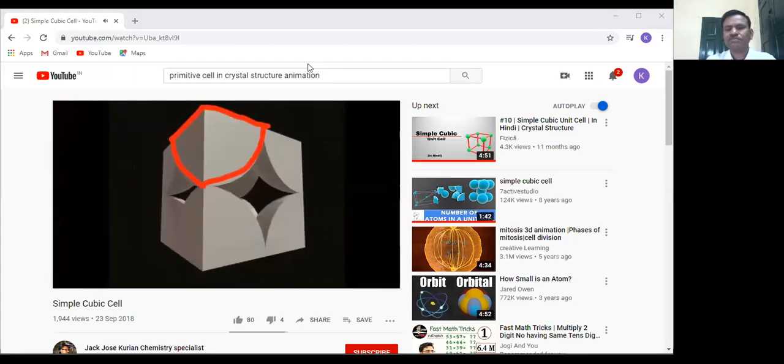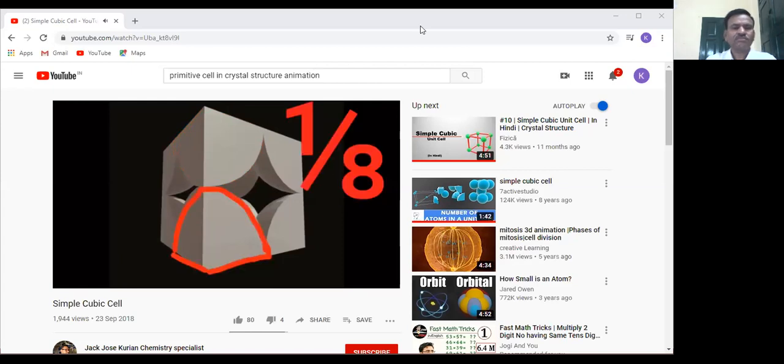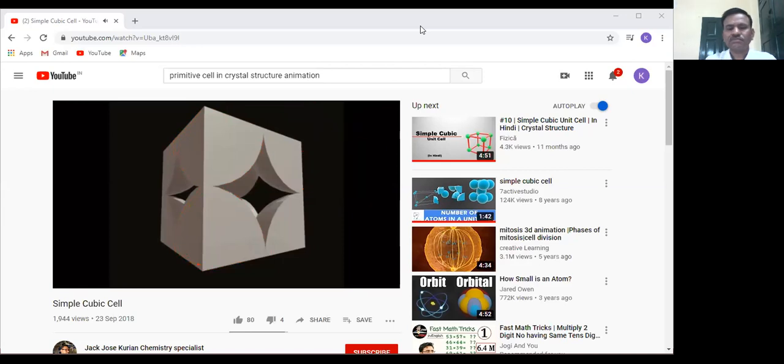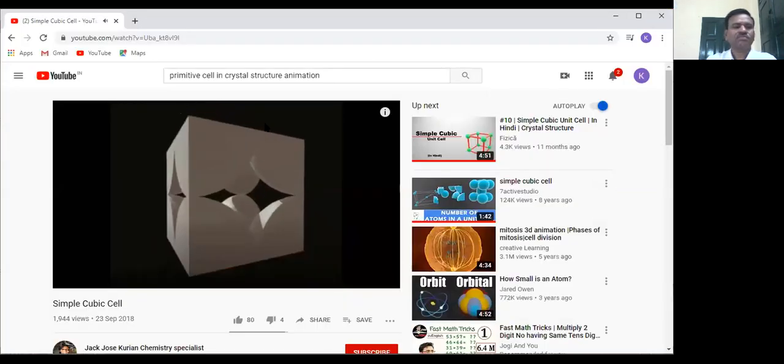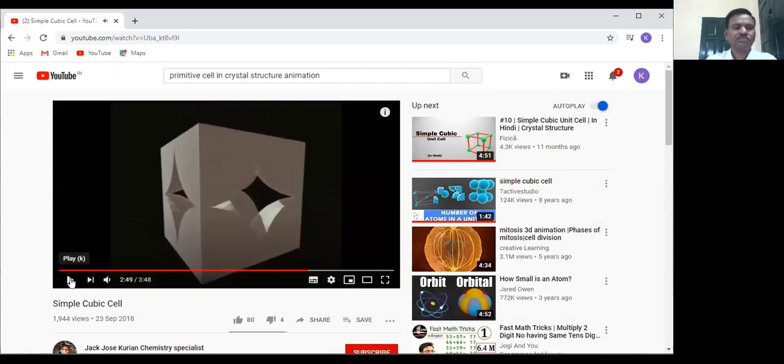There are 8 portions of the atom at the corner. Therefore, the number of atoms in the simple cubic cell is 8 times 1/8.